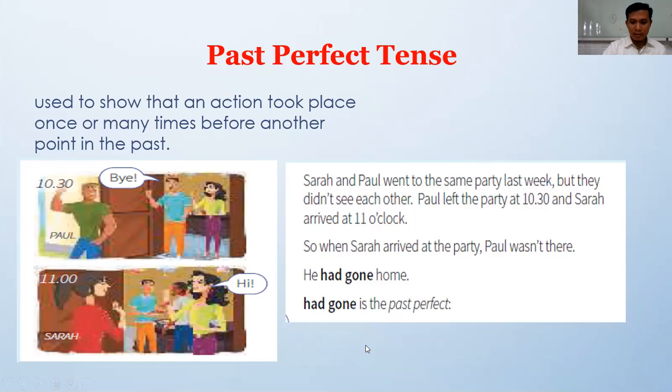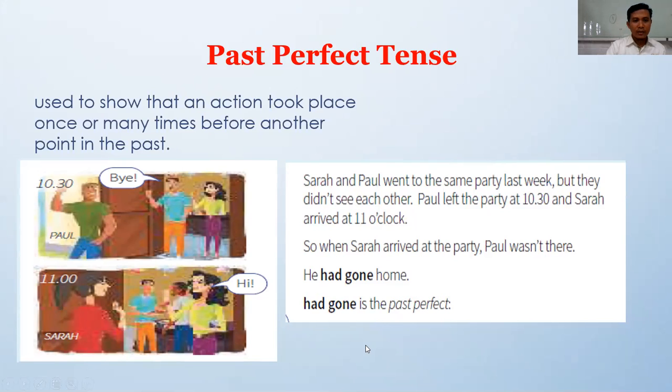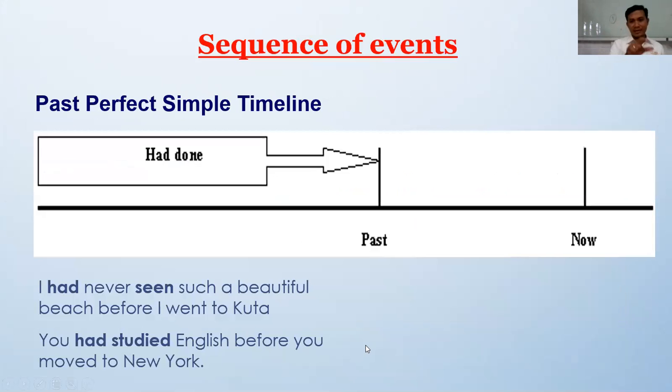Okay, the next slide. I'm going to show you here the sequence of events, the timeline. So for past perfect, you're going to say had. This is the past, and this one is now.